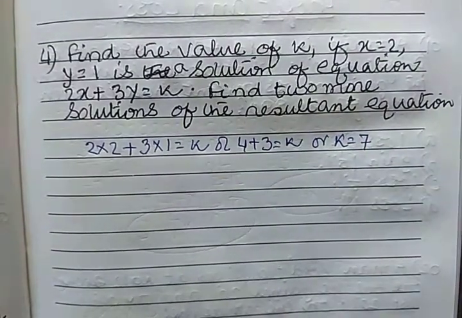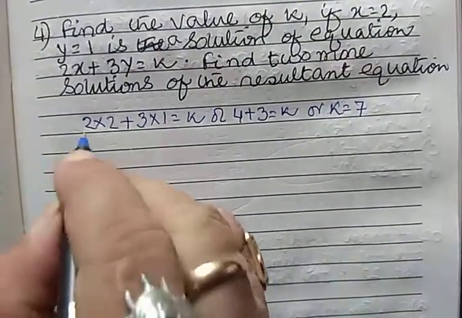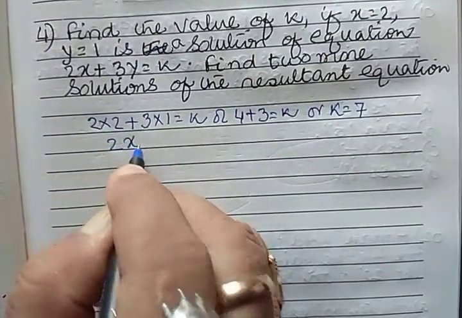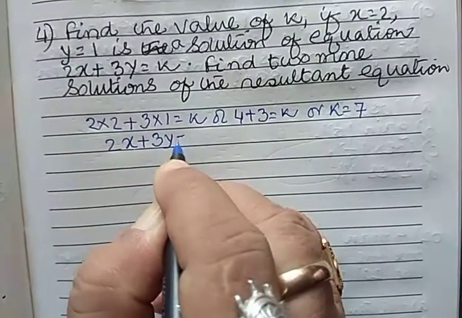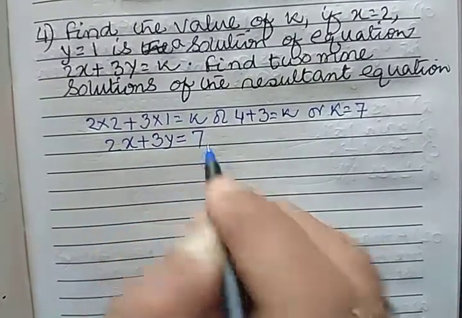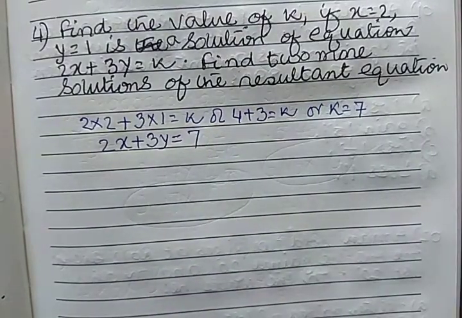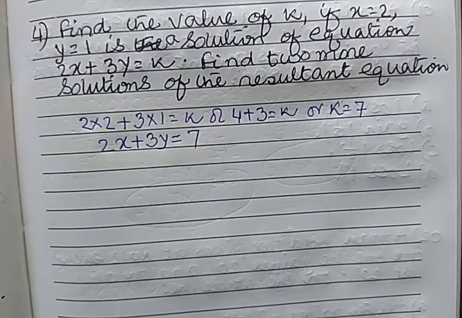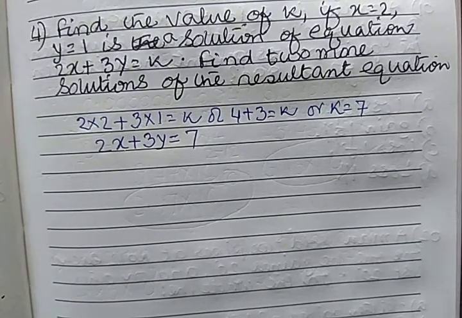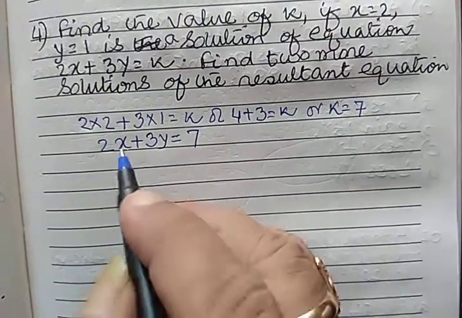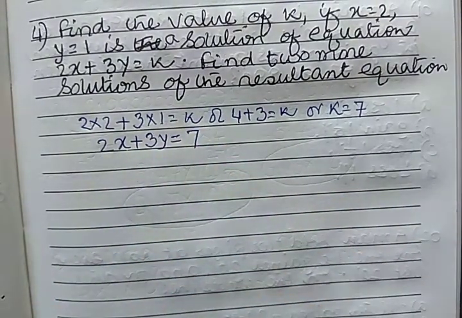So now you got the equation: 2x + 3y = 7. Now we have to find two more solutions for this. So let us write this in standard form.